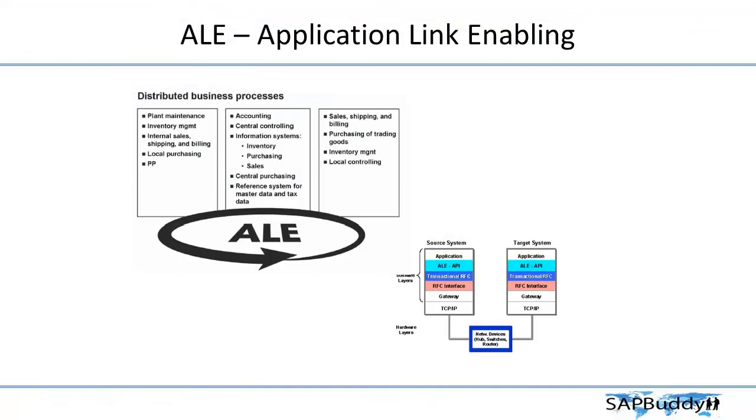Okay, let's go back to our presentation. This is about ALE application link enabled, but it's a separate topic altogether that you need to master in this one if you really want to be an ALE master. If you really want to specialize in this particular section.